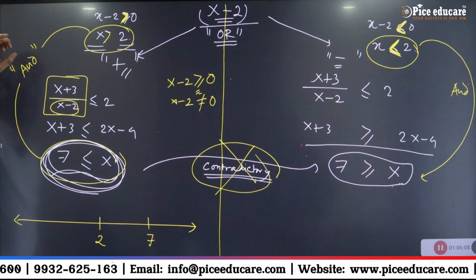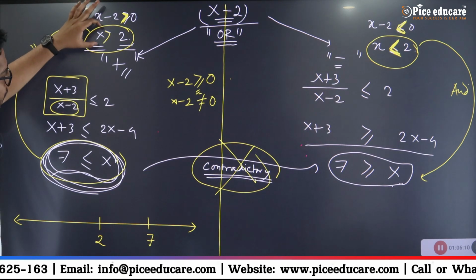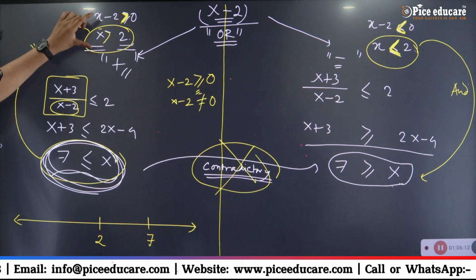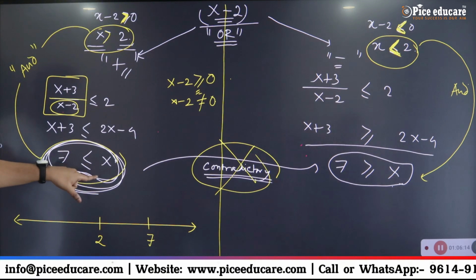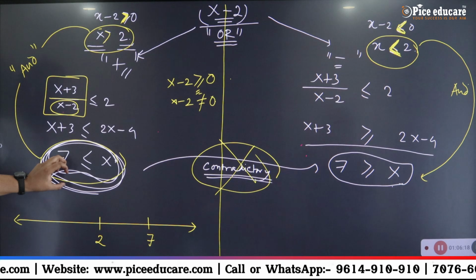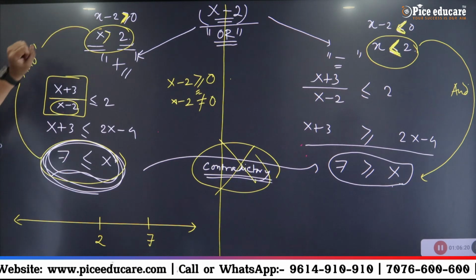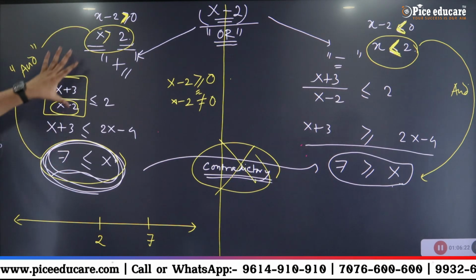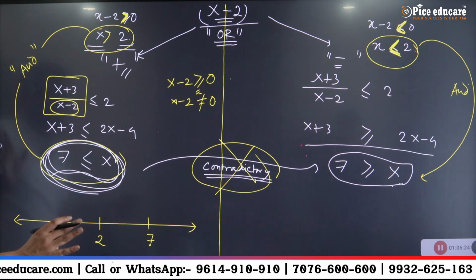So what I am saying now is that if my x is strictly bigger than 2, then x has to be, because these two things are happening simultaneously. Newspaper number 1, newspaper number 2, these two have to happen simultaneously.